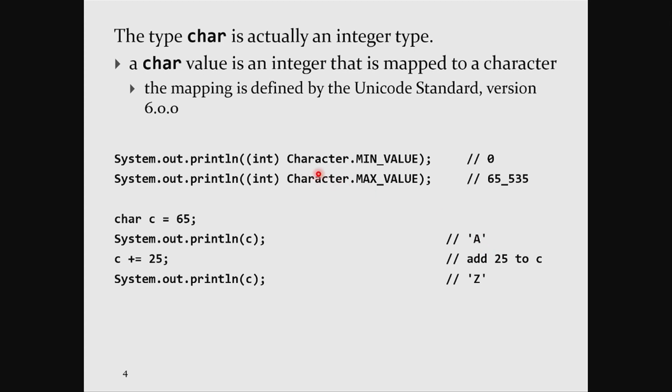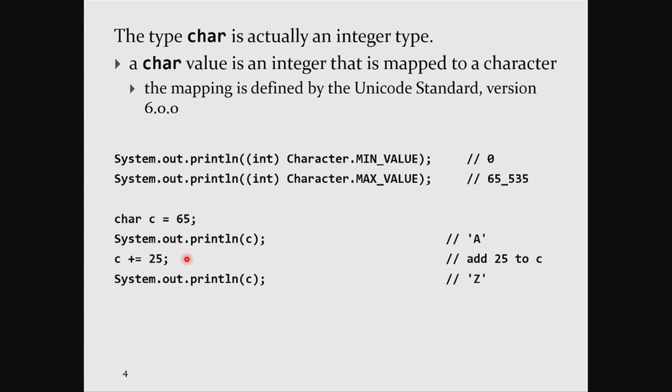So if you want to print out the actual numeric value of the character, you have to convert the char to an int. That round bracket int before Character.MIN_VALUE is what's called a cast in Java. It's converting whatever value that is to an int value, and then println prints out the integer value corresponding to that character.